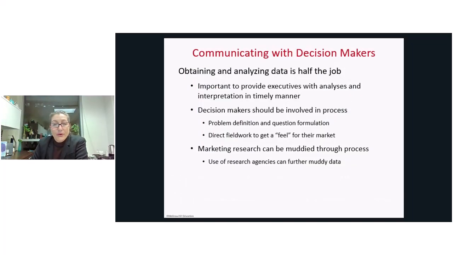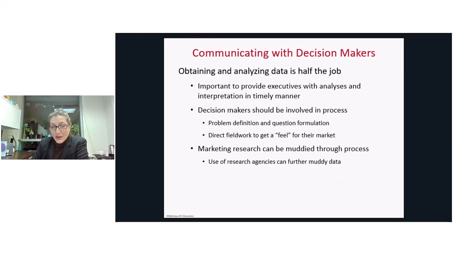Okay, so why are we doing all of this? Because we want to communicate with decision makers, and we want to recognize that obtaining and analyzing data is only half the job. It's really important for researchers to provide organizational executives with useful information in a timely manner.